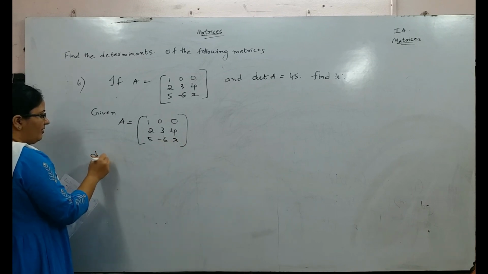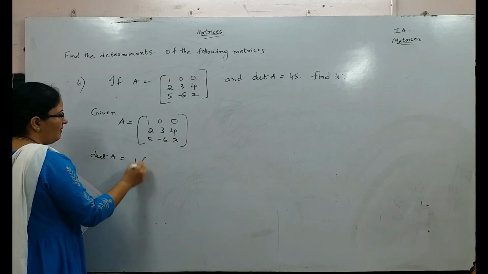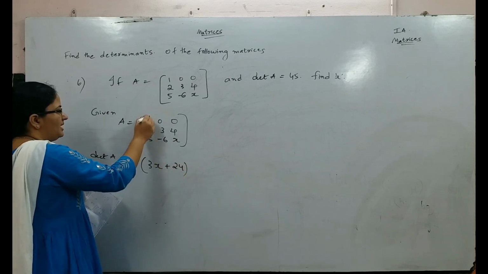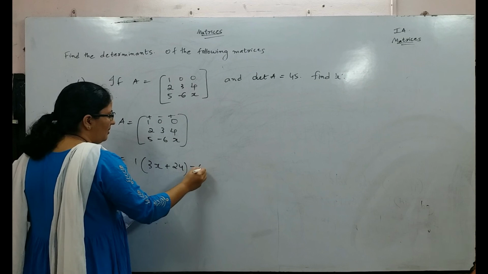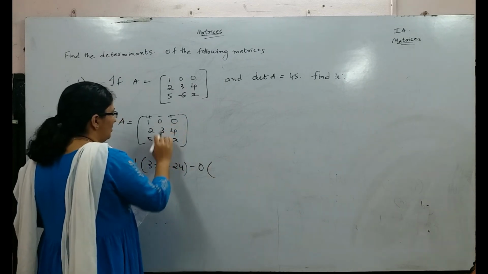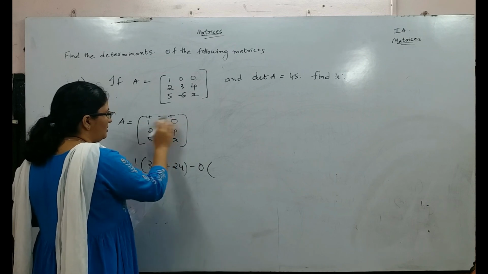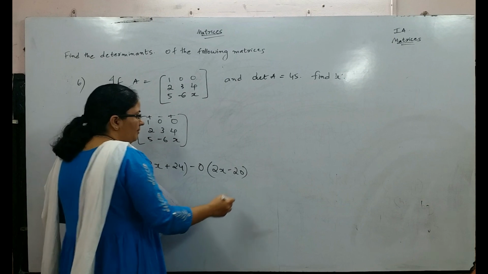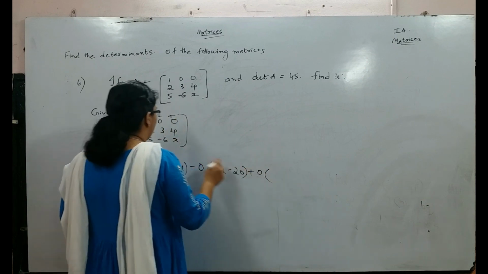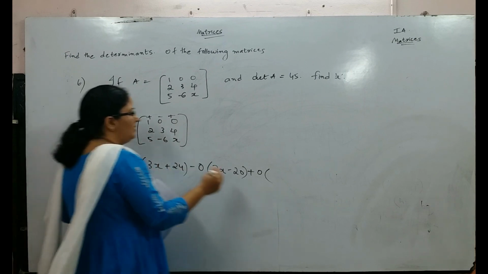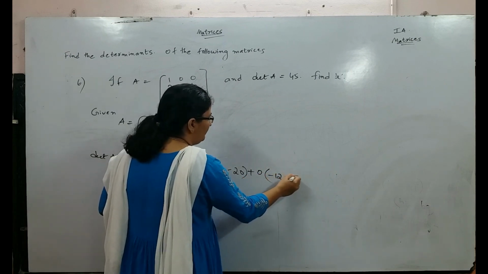Now determinant of A is 1 into 3x plus 24, plus minus 0 into, close this row, close this column, 2x minus 20, plus 0 into, close this column, close this row, minus 12 minus 15.